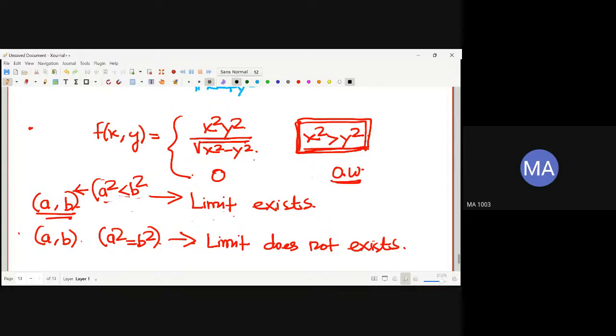So eventually it will go to 0. But the question is how to prove it. Any idea? Anyone? No, sir, I'm still thinking. X square is greater than y square.